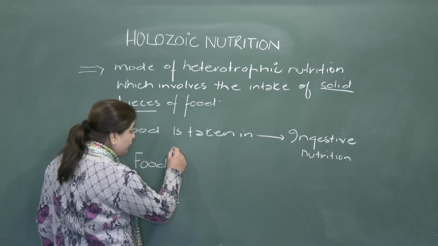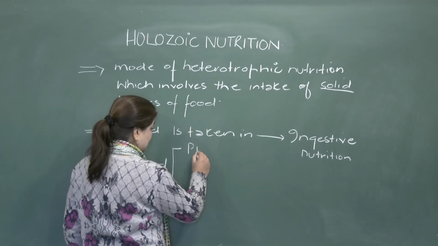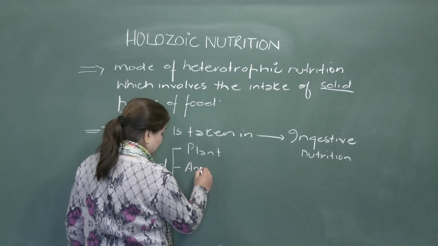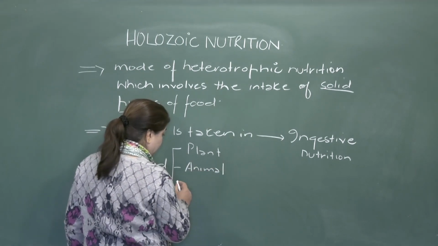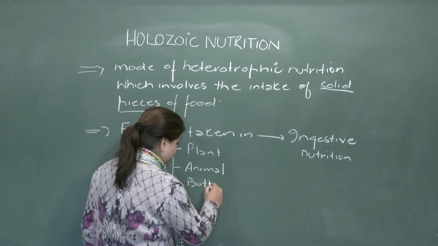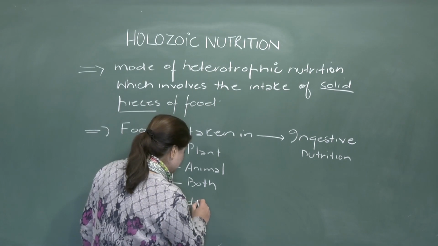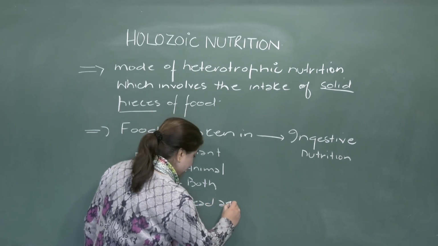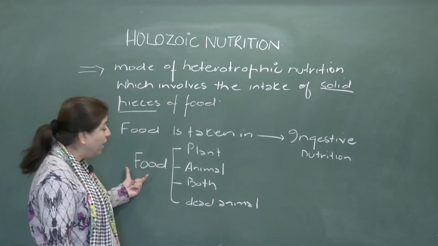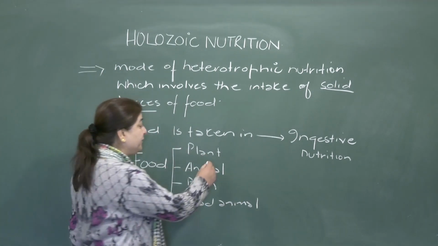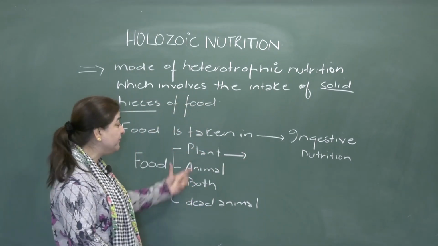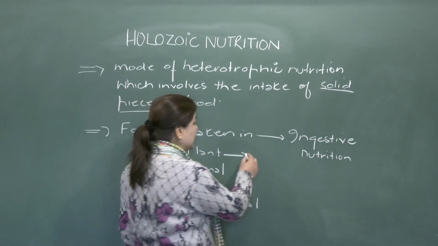The food can be in the form of a plant, or the source can be an animal, or it can be both, or it can be dead animals. If the organism obtains food from plants, then we term that organism an herbivore.